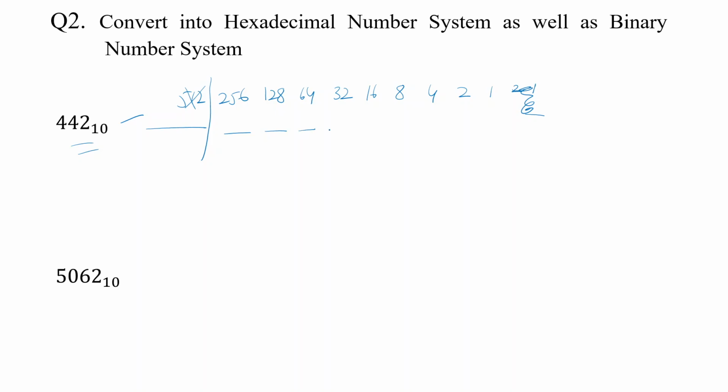Now can you say what is the length of the number 442 in binary? 1, 2, 3, 4, 5, 6, 7, 8, 9. 9 digits will come.